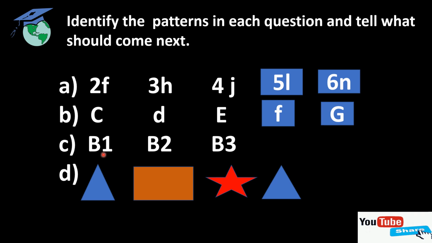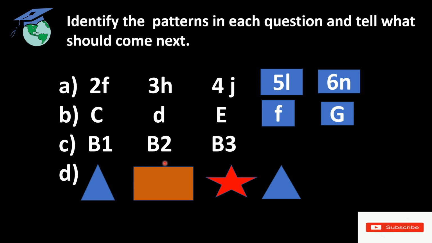Let us see the next question. B1, B2, B3. It's very easy. That means in each sequence there is a common alphabet, that is the capital B. From 1 to 3 the numbers are increasing.